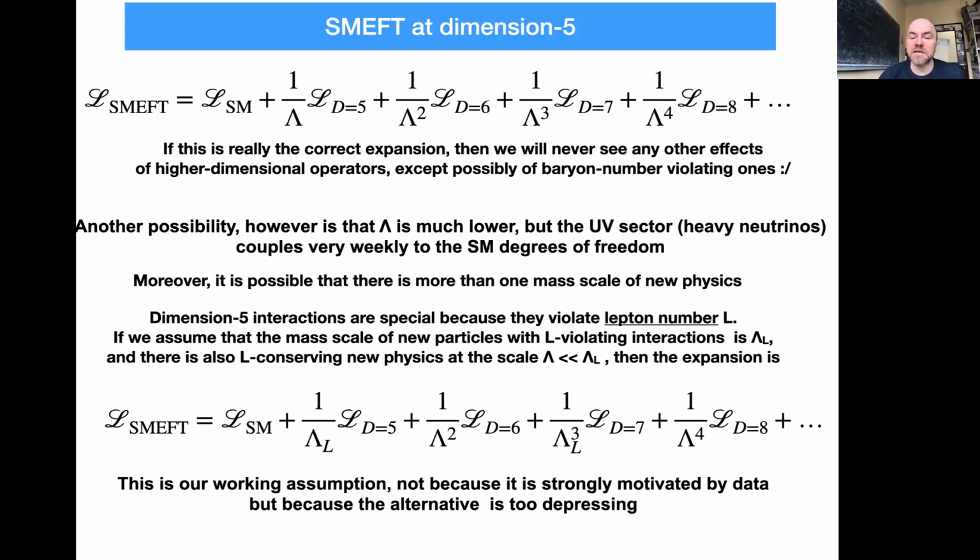In that case, this expansion of the SMEFT has to be modified a bit, like at the bottom of the slide. All the odd dimension terms will indeed be suppressed by this huge scale of 10^15 GeV, but then this is like a double expansion in 2 parameters, lambda_L, which is huge, and lambda, which is hopefully smaller, and it controls the expansion for the even dimension operators.